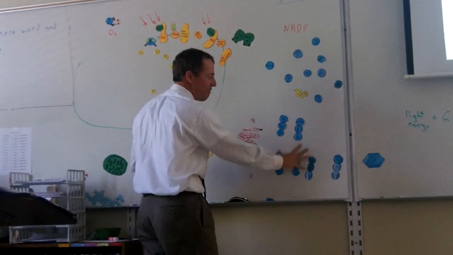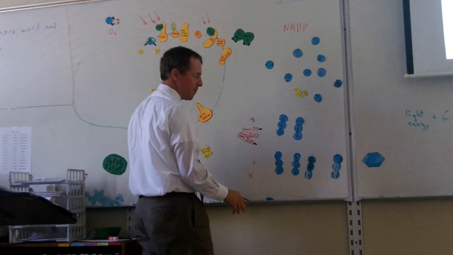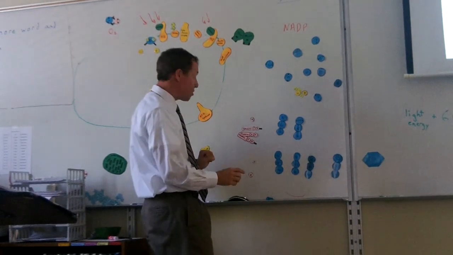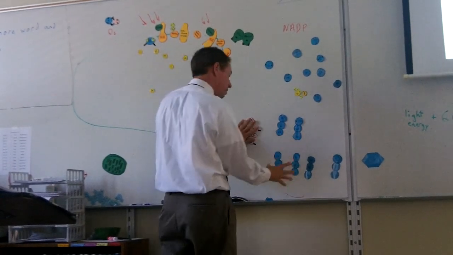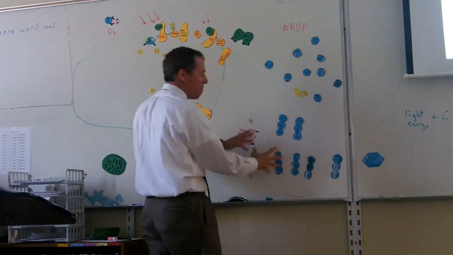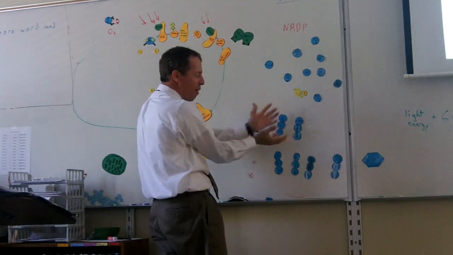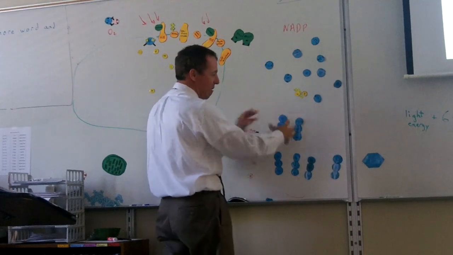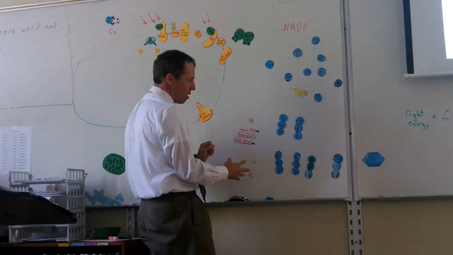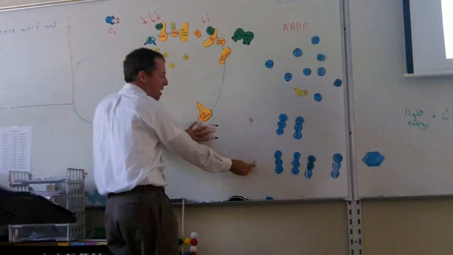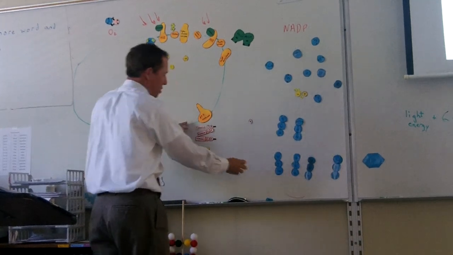And now we have five of these G3Ps, which is not as many as what we just had. And these five G3Ps are going to be rearranged by enzymes and more ATP input from the light reactions.